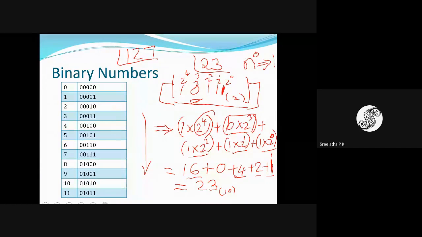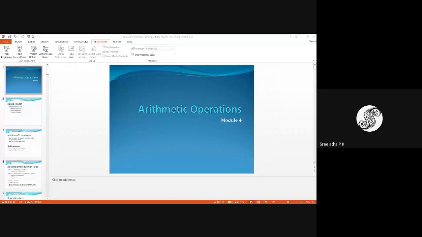Who will find first? Let me see. Binary value of 127.